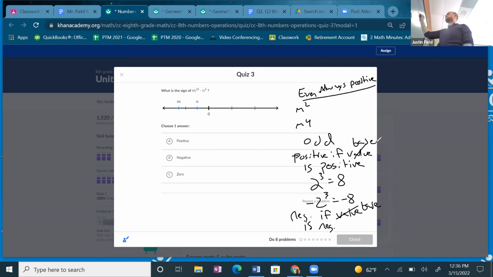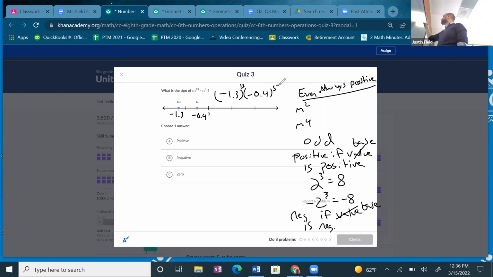Let's just make some sense. Let's say it's about -1.3 and this is about -0.4. Then we could do it on the calculator: -1.3 to the 13th times -0.4 to the fifth. But I don't need to do that on the calculator.